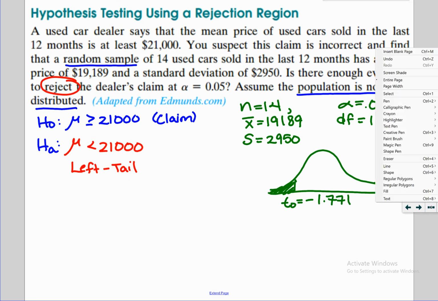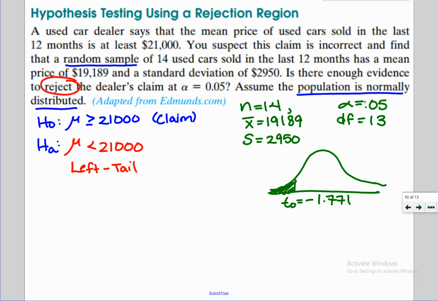So what we're going to do now is calculate our own t, our own test statistic, and figure out, is it going to be in that rejection region or not? So again, the formula is x bar minus mu divided by standard deviation over the square root of n. X bar, 19,189. Mu is 21,000.